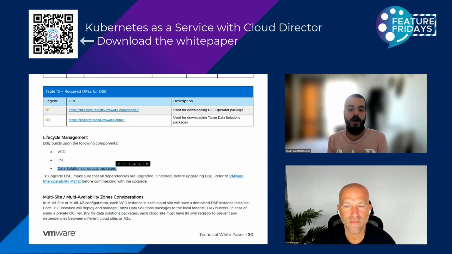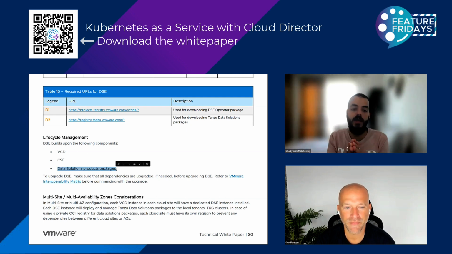And out of the box, all of these data solutions are offered in different flavors, in terms of the sizing of the application. And you have also full control as a tenant user to modify and edit the application spec yourself.